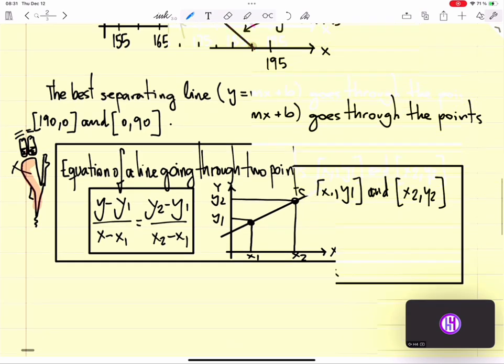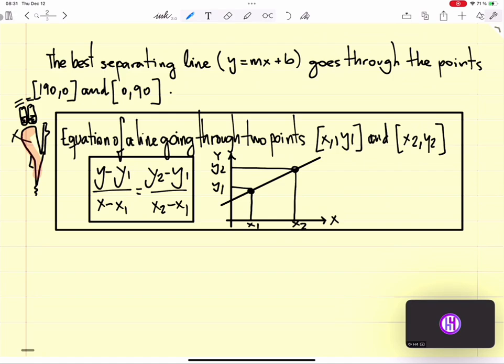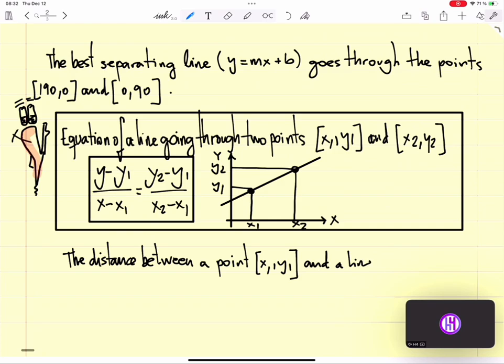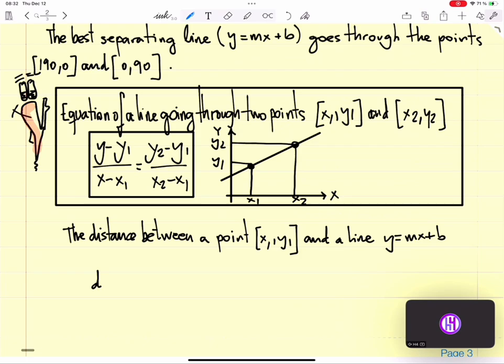And also, the second thing that is important, the distance between a point x1, y1 and the line y equals mx plus b is given by the equation: the absolute value of mx1 minus y1 plus b, divided by the square root of m squared plus 1.